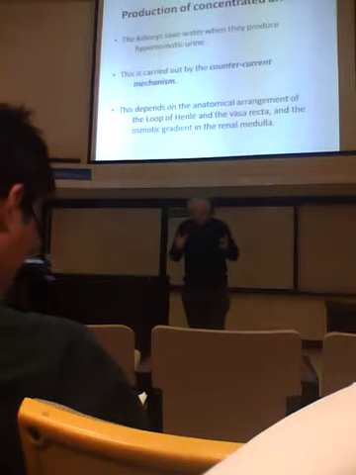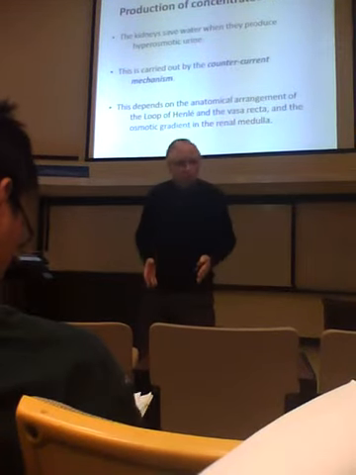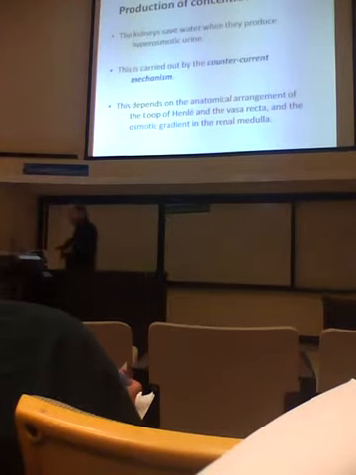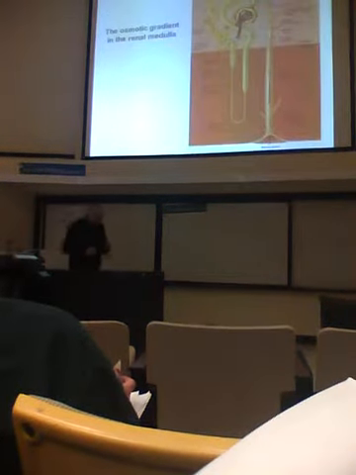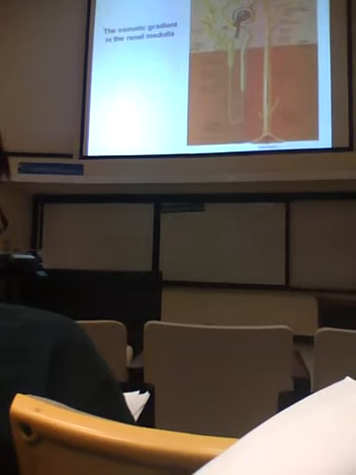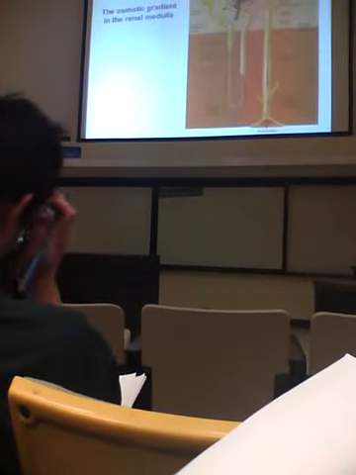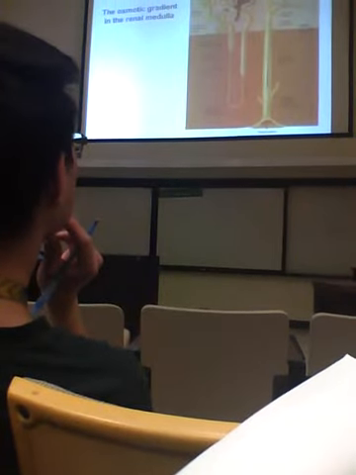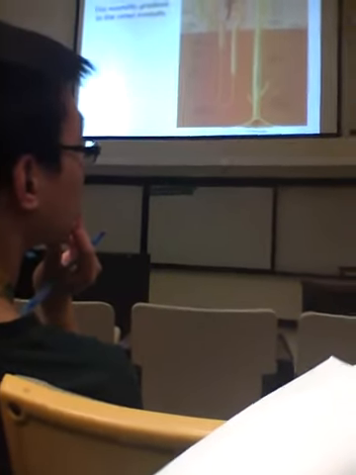Finally, we're going to talk about what it is that these long loops of Henle do. The long loops of Henle that go in the renal medulla. Now, have you noticed on these pictures that I've shown you, right from day one of kidney classes, have you noticed that the background here in the medulla is always a different color from the background color in the cortex?